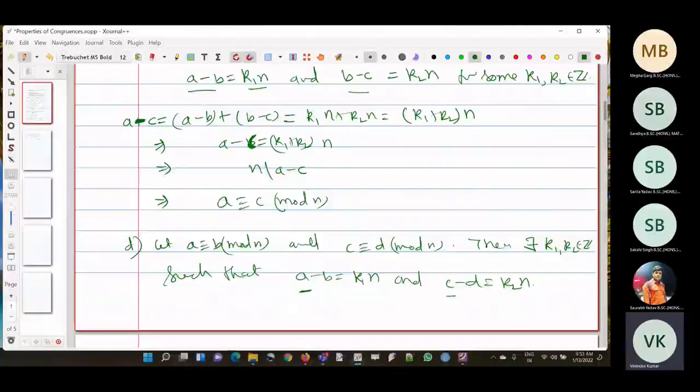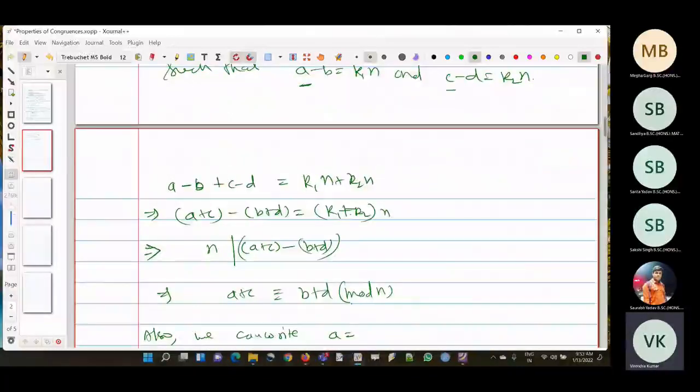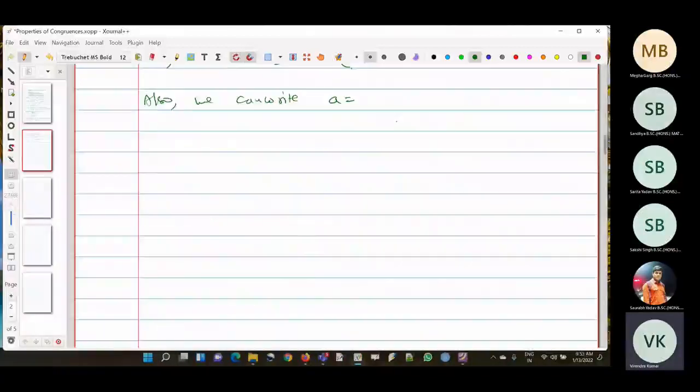Okay. So the next part is that we can multiply them side by side. Also, we can write, if you see from here, A equals k1 times n plus B. So we can write B plus k1 times n.